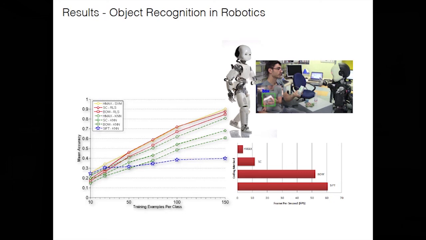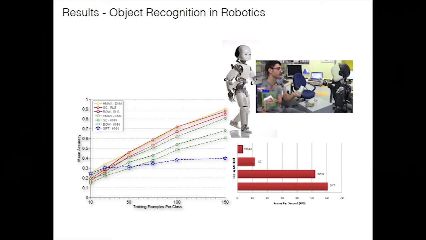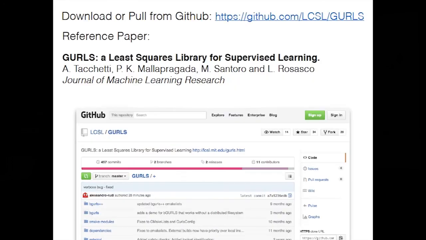Here you see a real-world application where GURLS is used for real-time stereo vision and object recognition on the iCub. And the whole system is consistently faster, as you can see from the table, and more accurate than the competitors. So it is used in practice. It is an important point.